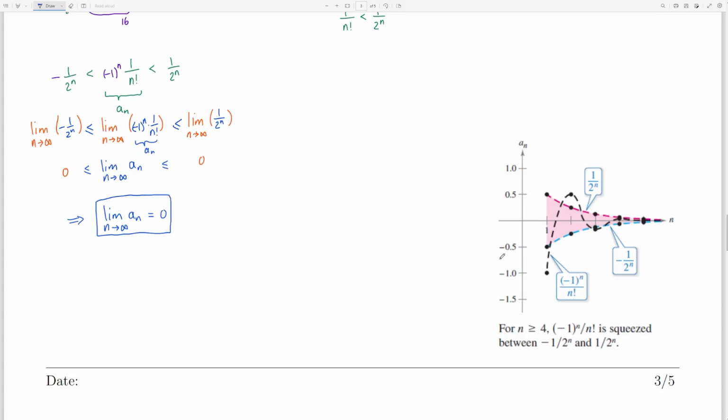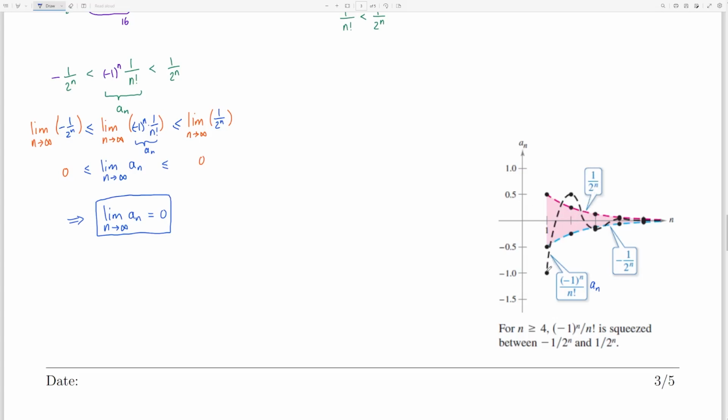So visually, you can represent it as follows. The dotted line here is our sequence negative 1 to the power n over n factorial. So this is your sequence a sub n right here. And it's squeezed in between the following two sequences, the negative 1 over 2 to the power n on the bottom and the 1 over 2 to the power n on top.